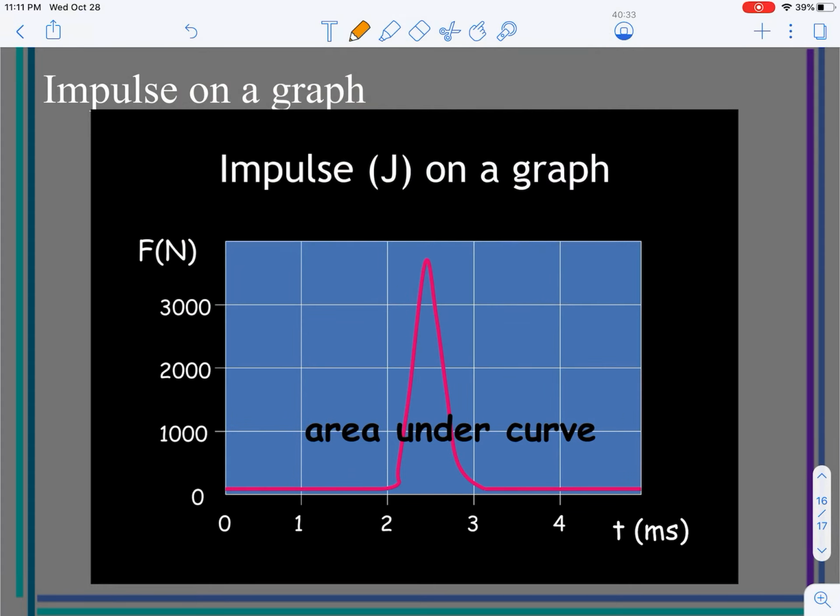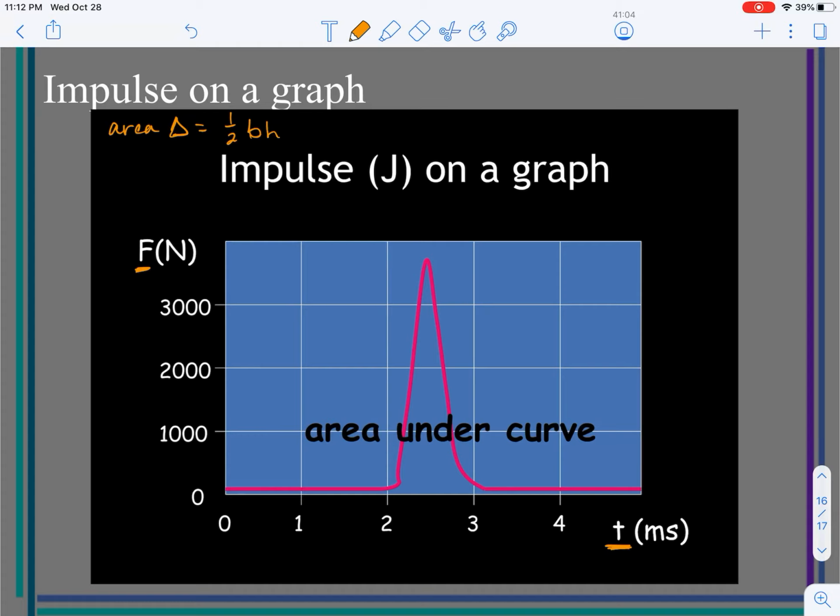How is that so? Well, if we look at the area that we have here, in this particular example, we are trying to find the area of a triangle. If we recall the formula for the area of a triangle, this is 1/2 base times height. Now, if I look at my graph, my base is going to be a variable of time.